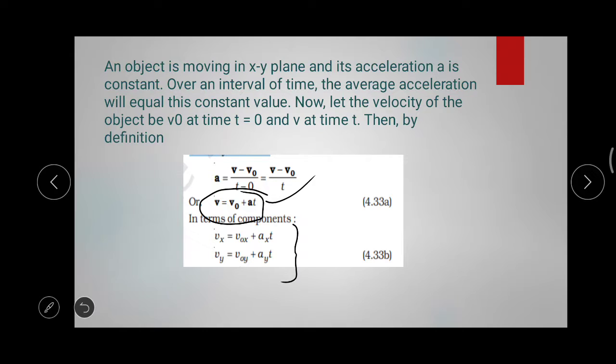As well, vy is equal to v0y plus ay t. In the coming two more equations also, we have to convert the velocity and acceleration terms into component terms, for the x-axis and for the y-axis. For each component we have to find the equations.